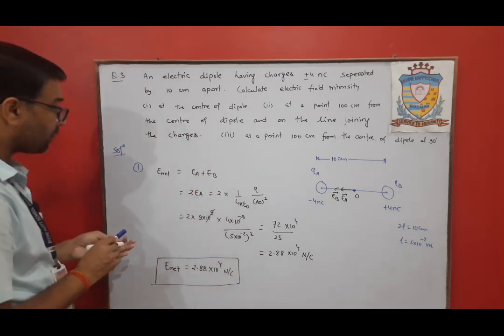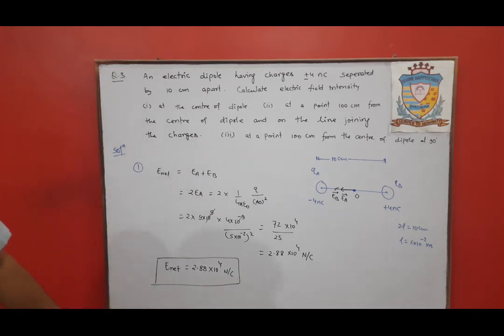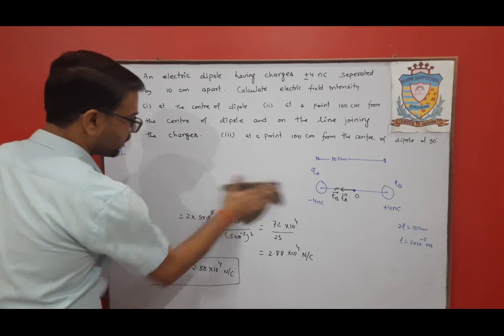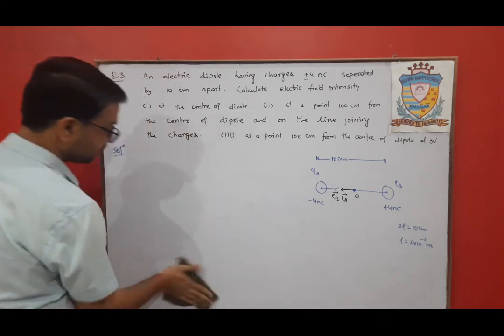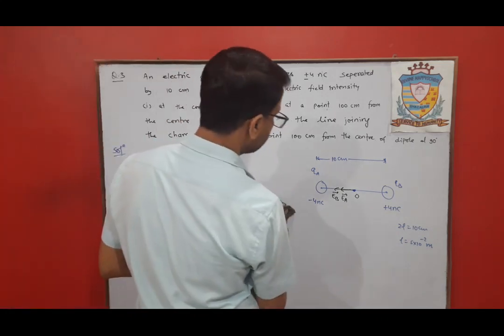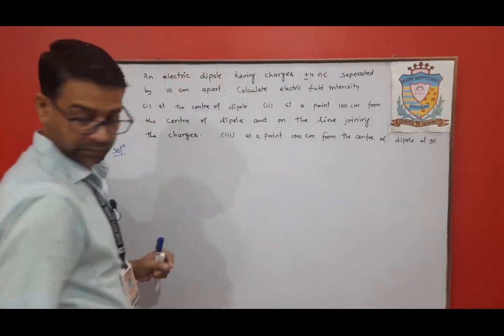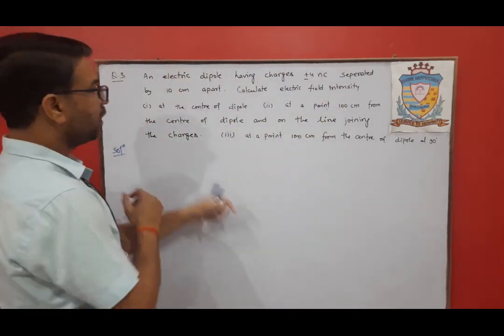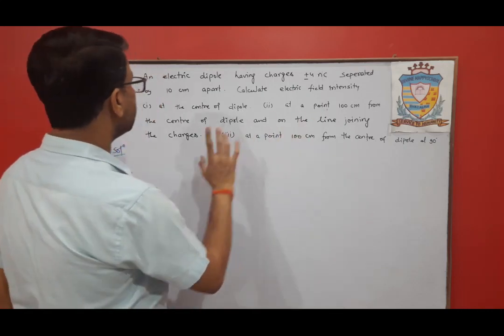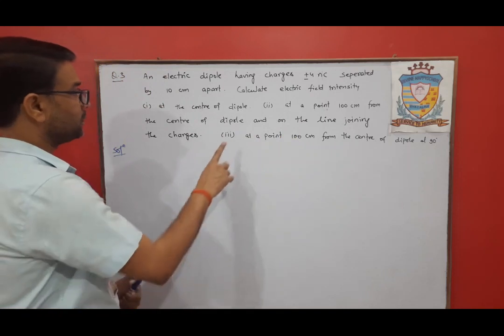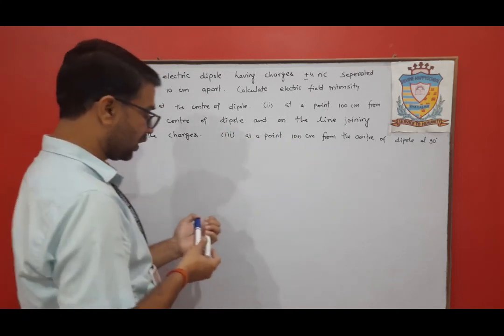Okay, now the second part. In the second part, we have to calculate the field at a point 100 centimeter from the center of the dipole and on the line joining the charges.